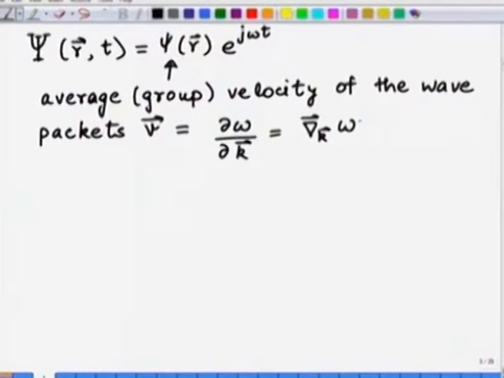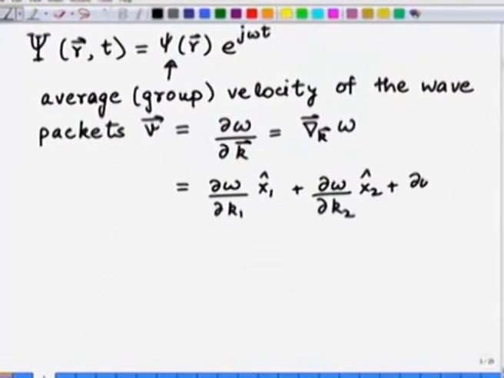If you want to expand it out further, you can write it as del omega by del k 1 x 1 plus del omega by del k 2 x 2 plus del omega by del k 3 x 3.